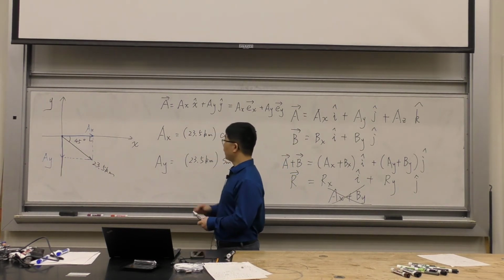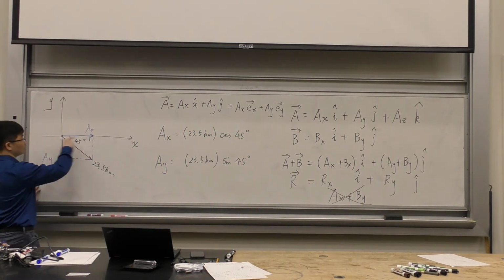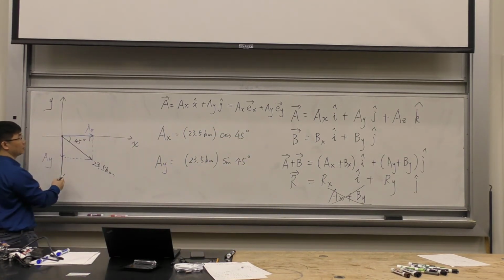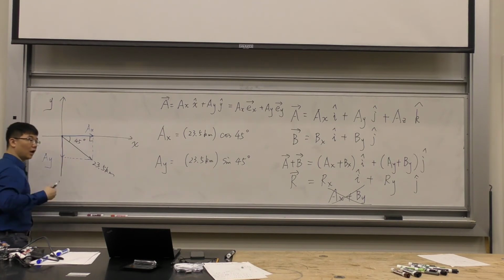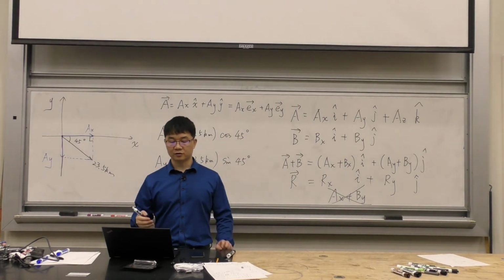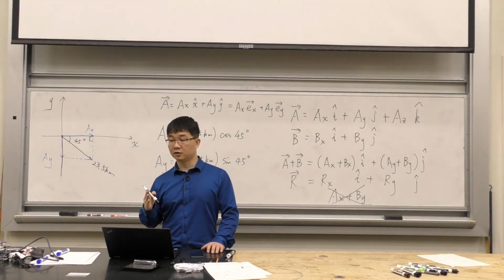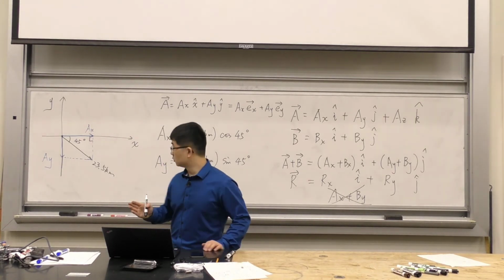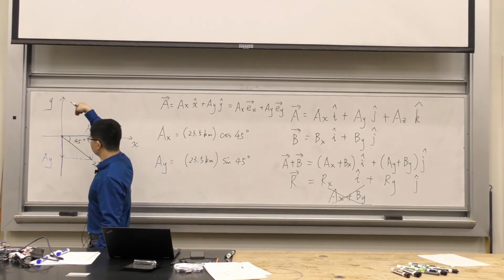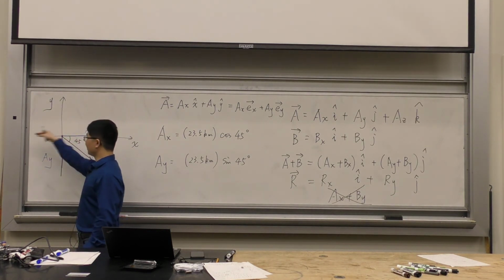But then you should be careful. This x component can be in this direction or this direction. The y component can be up or down, right? How do we distinguish that in our math? Because I know that if someone walked this way, it's totally different than walking that way.